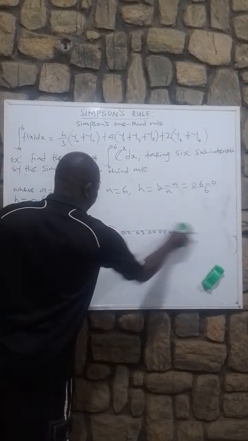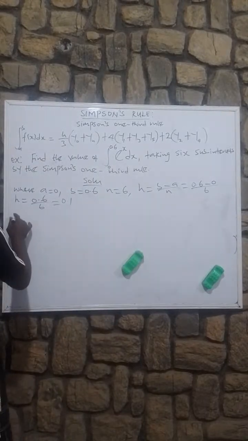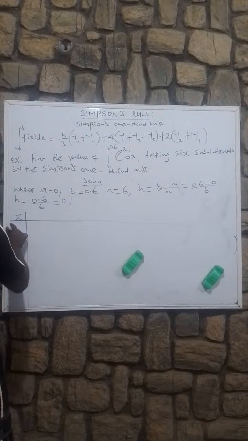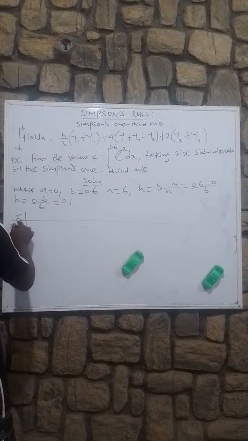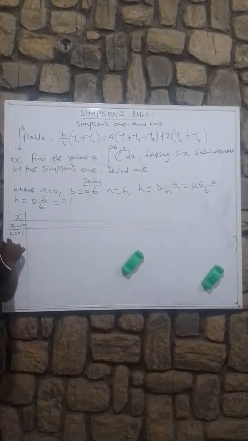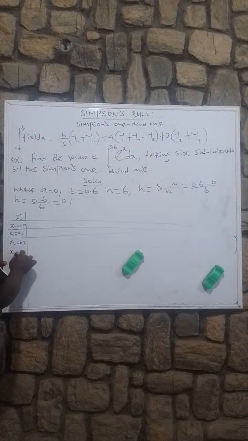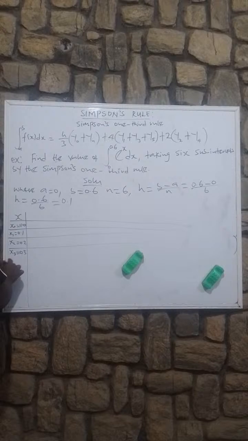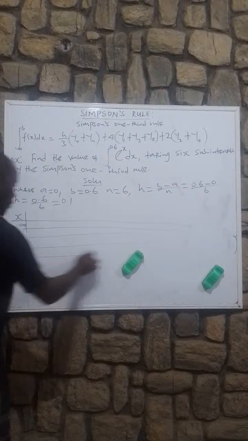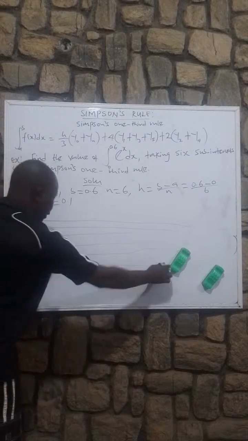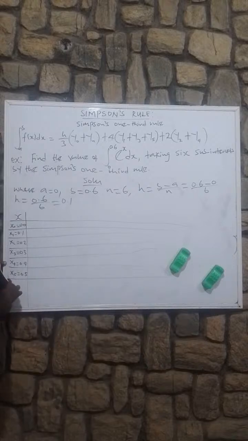So this is how we are going to approach it. So far, so good. So let us have our x: x0 equals 0.0, x1 equals 0.1, x2 equals 0.2, x3 equals 0.3, x4 equals 0.4, x5 equals 0.5, then x6 is equal to 0.6, right?